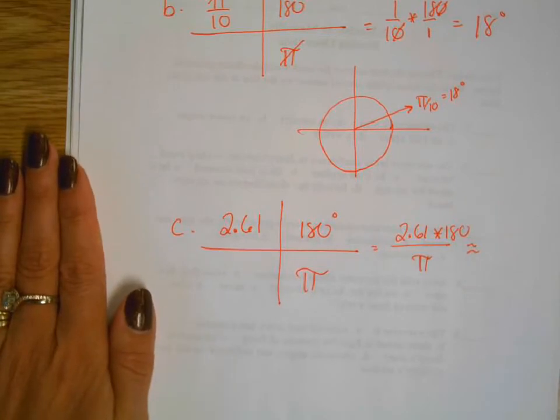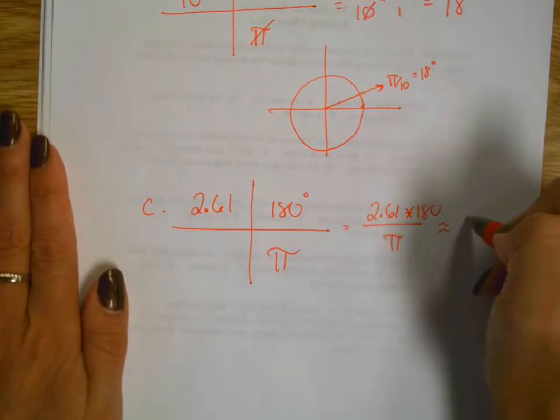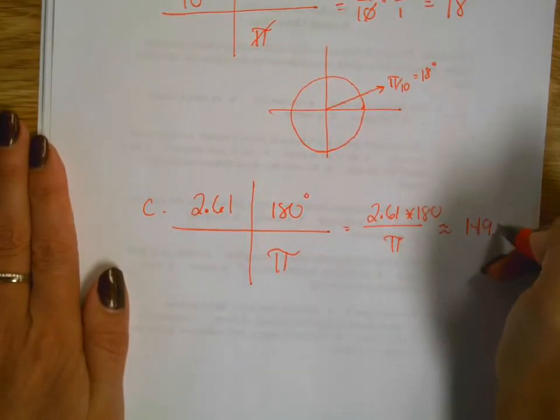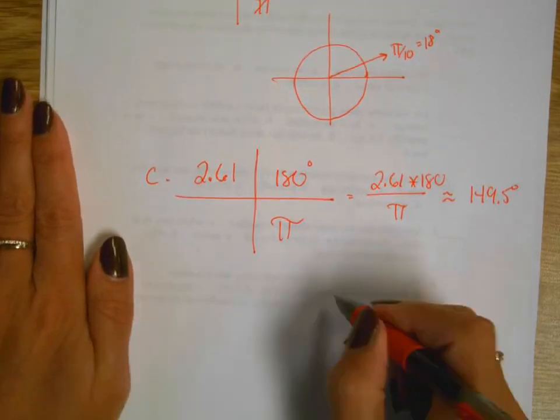So about how many degrees is this? 149.5. Now I know where 2.61 radians would take me.